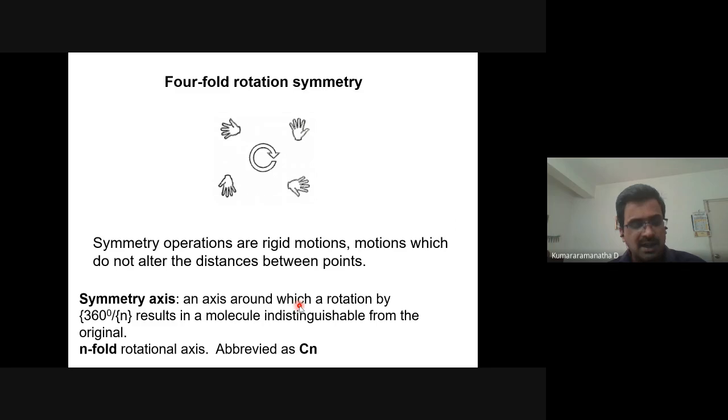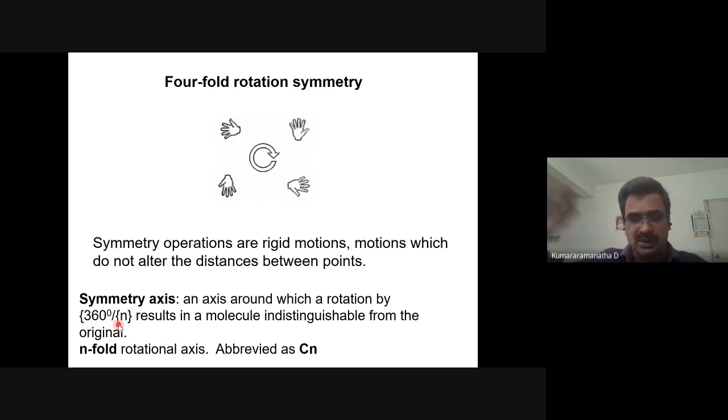Now, as some of you pointed out, a vertical axis. How do we define a generalized term? What we are essentially looking at is a symmetric axis. There is an imaginary symmetric axis around which the rotation is 360 by n.